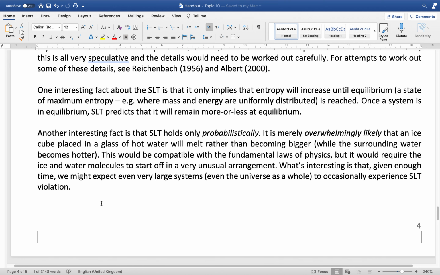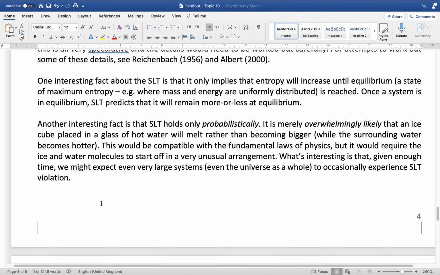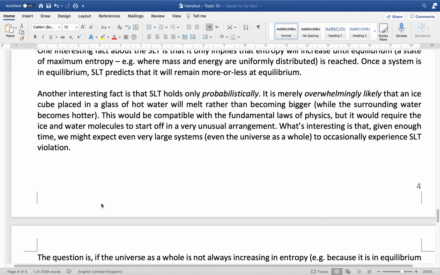Now, what's interesting is that, given that entropy increasing processes are occurring constantly, given enough time, we'd expect that eventually you'd get the case of an entropy decreasing process. Because the second law of thermodynamics only holds probabilistically, given enough time, the small probability of entropy decrease would be realized.